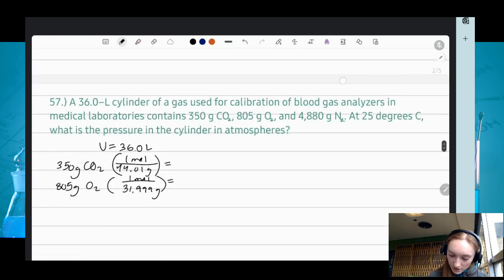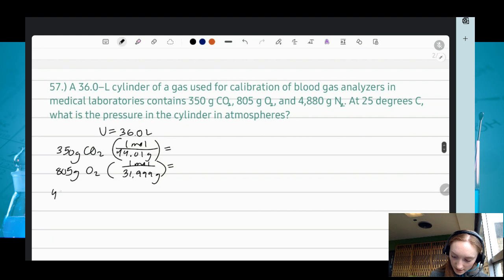And then N2 is going to be 4,880 grams of N2, and that has a molar mass of 28.014 grams per 1 mole.